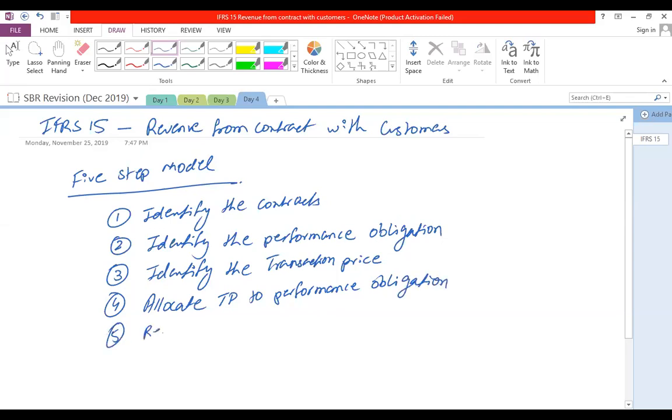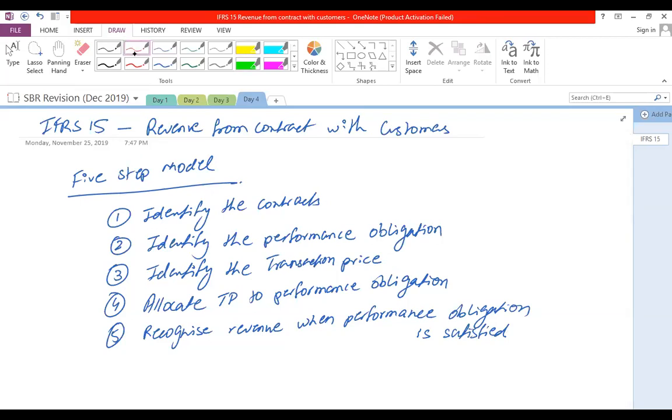And the last step is to recognize revenue when the performance obligation is satisfied. So these are the 5 steps through which we are going to recognize the revenue. I will share a recorded lecture of that.